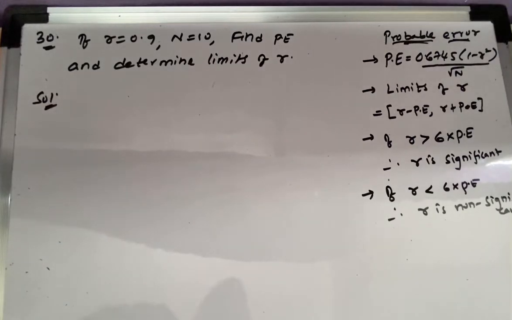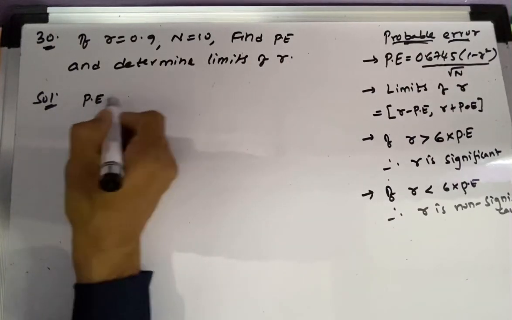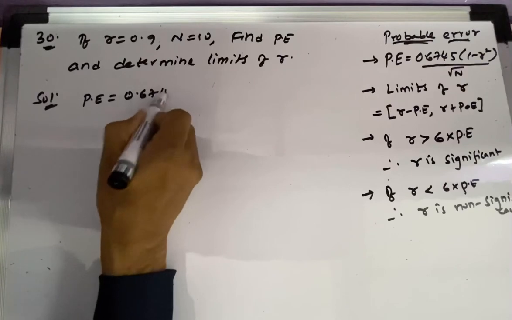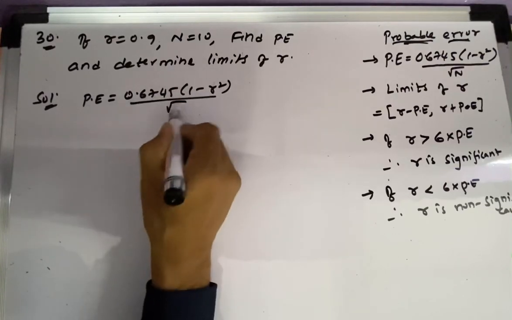First thing, r is given, n is given, probable error we need to find. Probable error equals 0.6745 into (1 minus r square) divided by root of n.